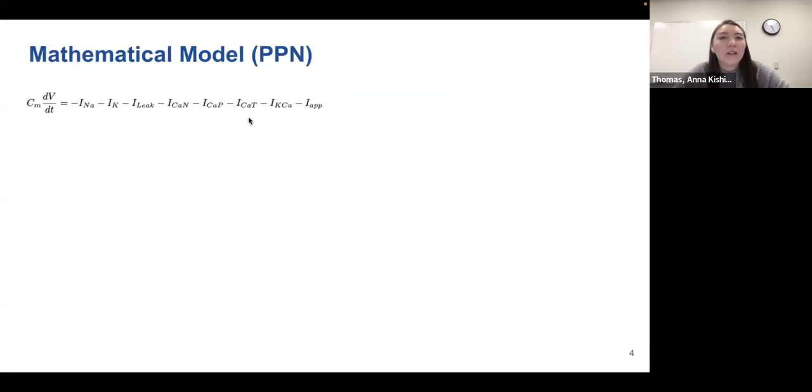So if we get to the model that we're working on right now, we see some terms that popped up in the earlier model slide of a neuron. The sodium current is the same. Sodium, potassium, and the leak channel are just as before.